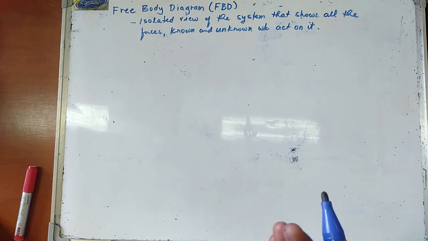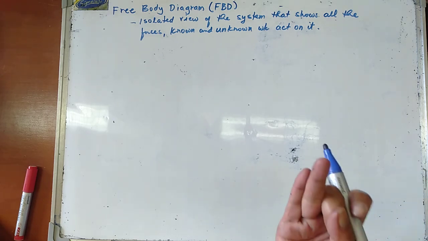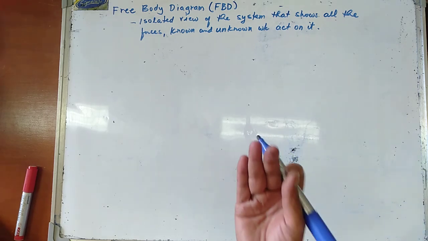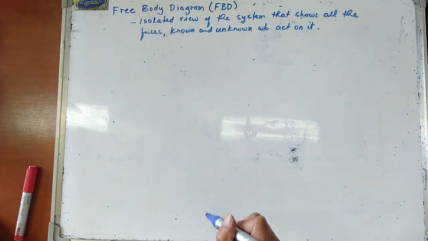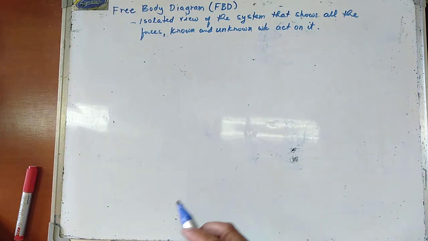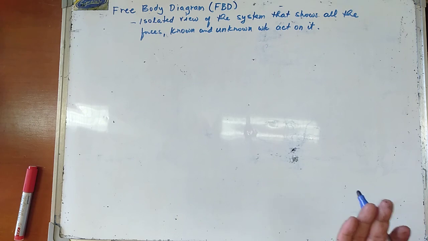That's why we only have two equations of equilibrium: summation of forces along the x is 0 and summation of forces along the y-axis is equal to 0. The other equations of equilibrium will be taken later as we go on with the lecture.